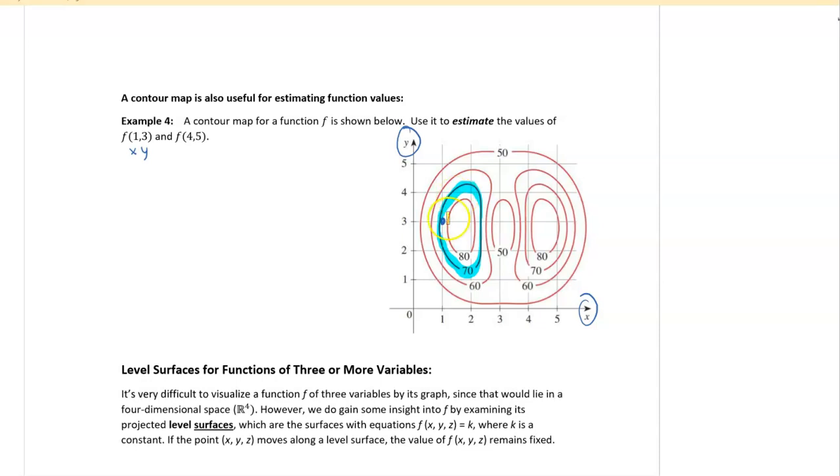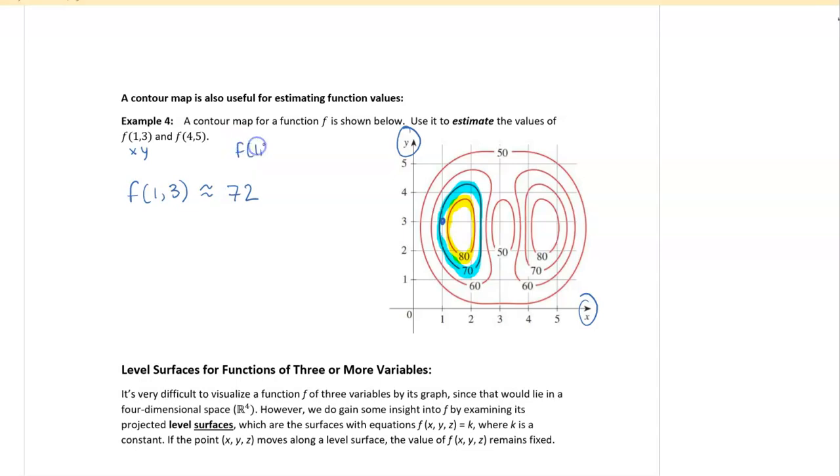Even though we're not on 70, we're between a contour that is 70 and a contour that has a value of 80. Our point looks a little bit closer to the 70 contour, so I'm going to go with f of 1, 3 is approximately, maybe I'll do 72.